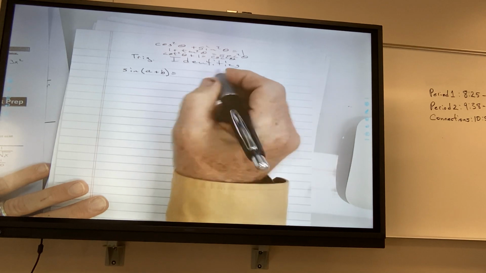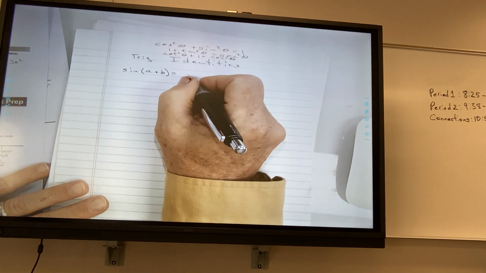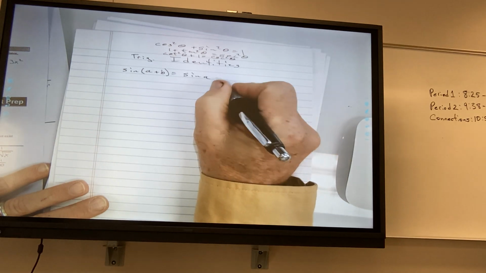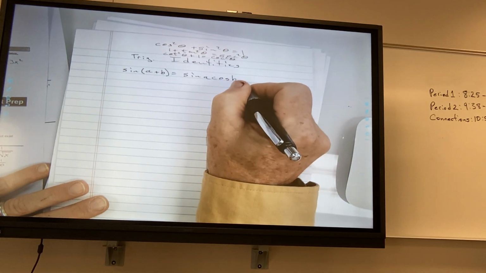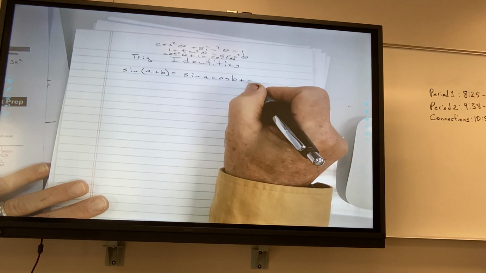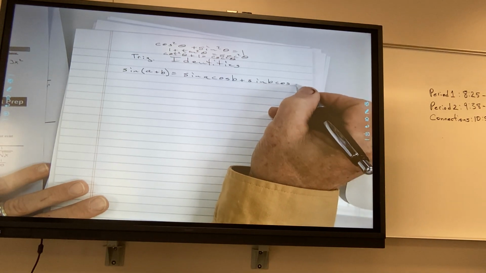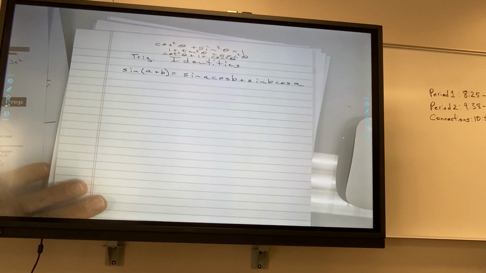And you were told that this is equal to the sine of A times the cosine of B plus the sine of B times the cosine of A. Okay? You were told that.